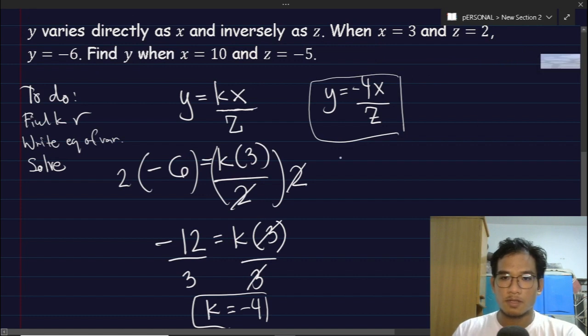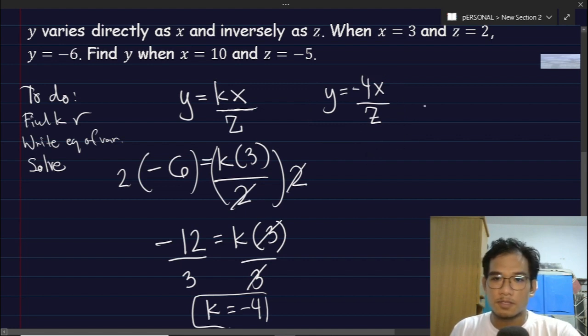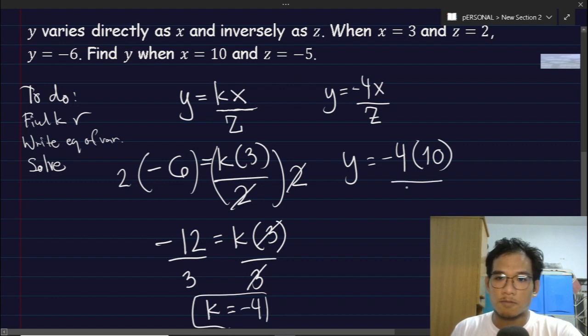So according to the problem, find y when x is equal to 10 and z is equal to -5. The objective is to find y using the equation of variation. So replace x with 10 and z with -5. Okay, and we have this equation.